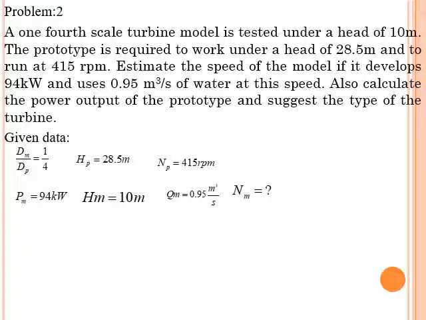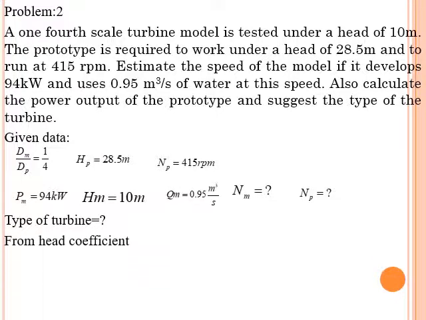So now find out what is the speed of the model, what is the power output from the prototype, then you have to suggest which type of the turbine is suitable for these given conditions. Now start the solution here.